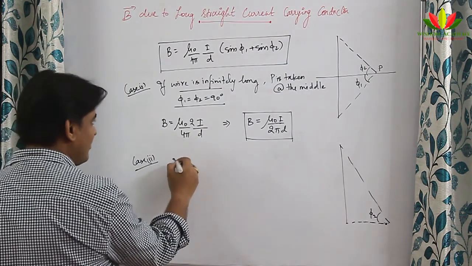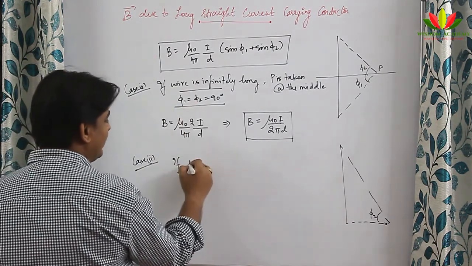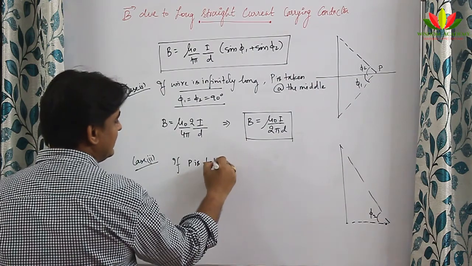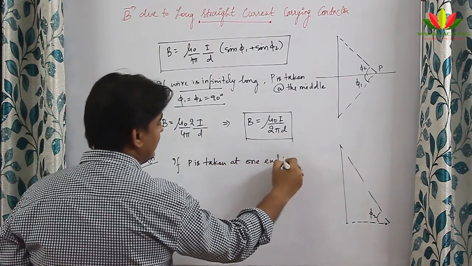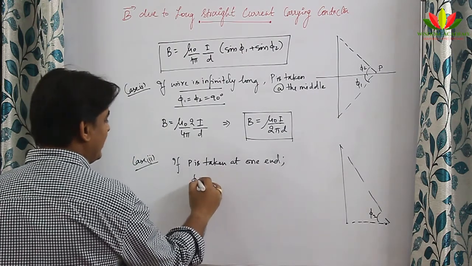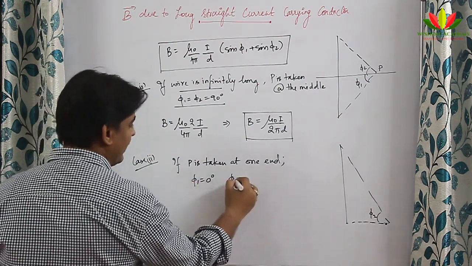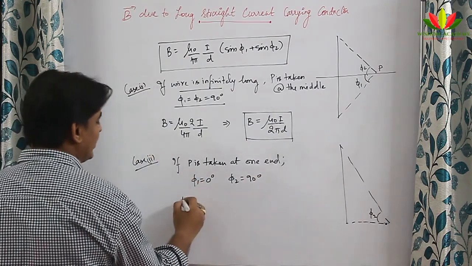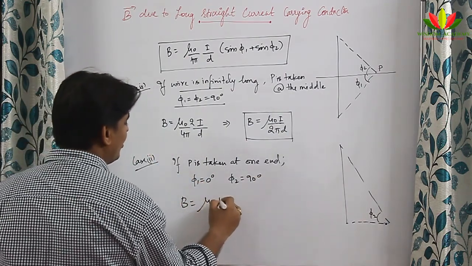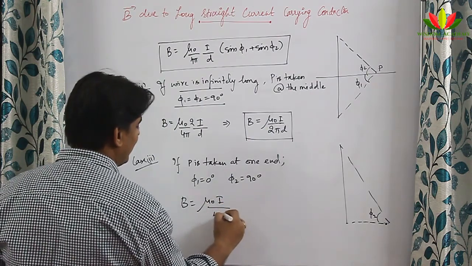But if P is taken at one end, then let us see what happens. Phi 1 becomes 0 degrees and phi 2 becomes 90 degrees. So sin 0 is 0, sin 90 is 1. So I will get B is equal to mu naught I by 4 pi d.